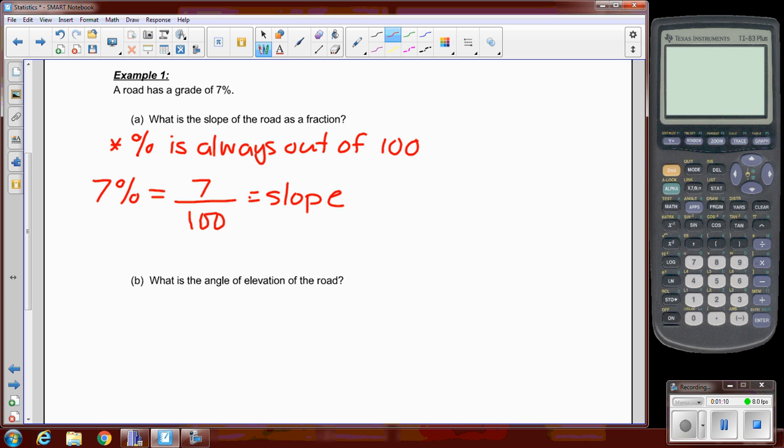So what does that actually tell us? That tells us that the road rises 7 meters for every 100 meters that it moves horizontally.